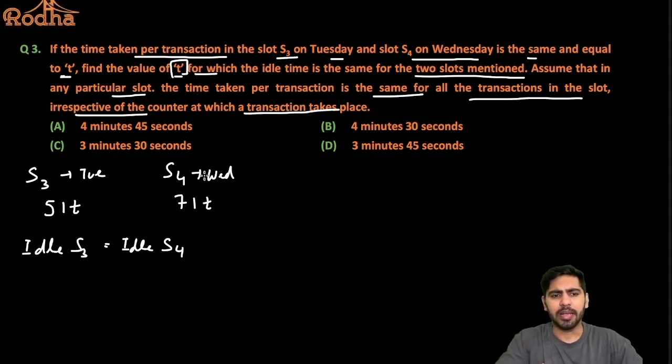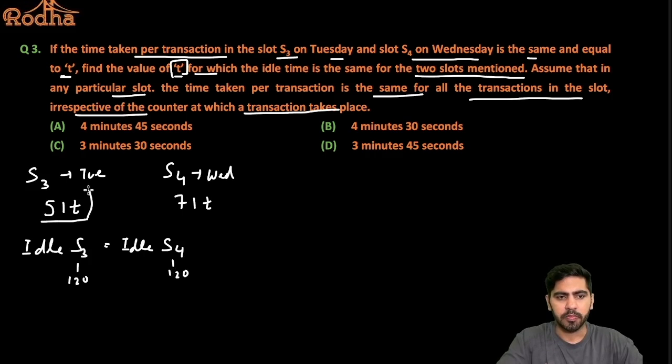So if the idle time is equal for S3 and S4, let's find the idle time for S3. For S3 or S4, can I say both the slots are nothing but 120 minutes, right? And this is the total time spent across all the counters. So what is the total time available across all the counters?